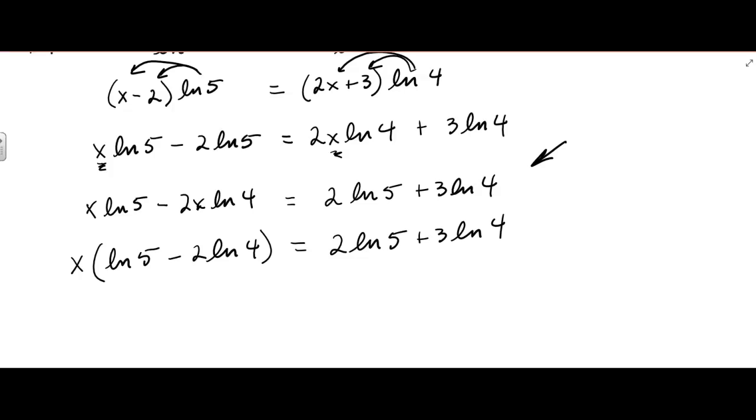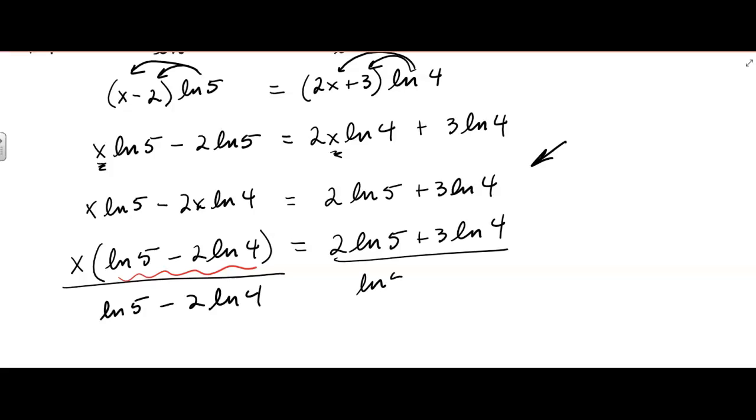Okay. So all of this stuff in parentheses, I'm going to underline it in red. That is just a number. Okay, so I'm going to divide both sides by that number. Natural log 5 minus 2 natural log 4.